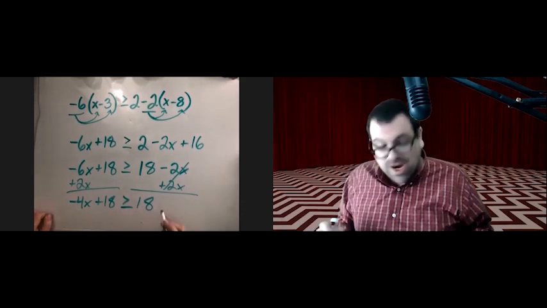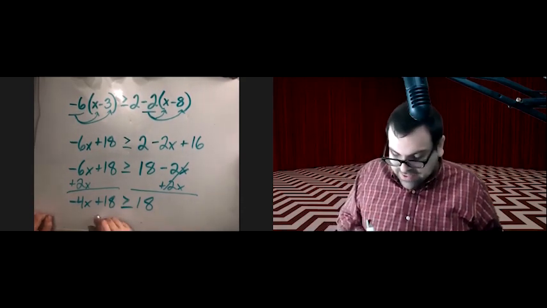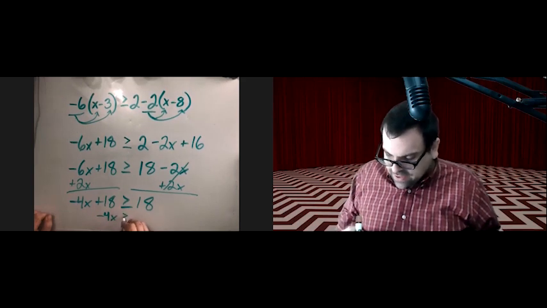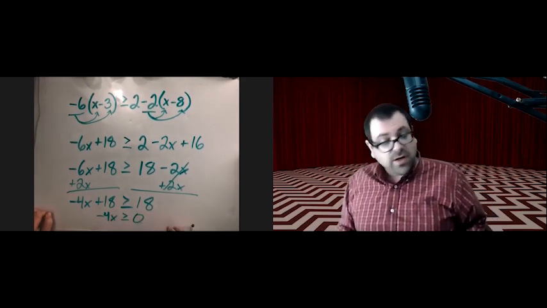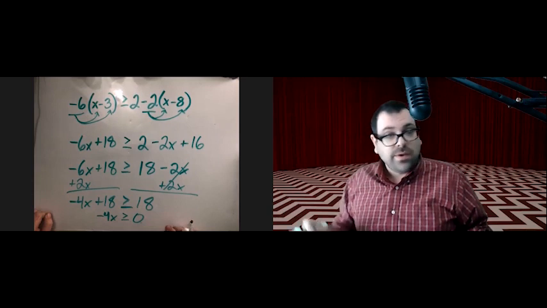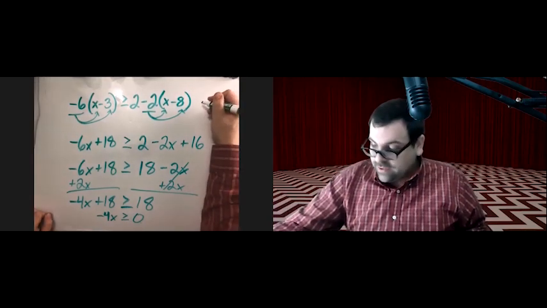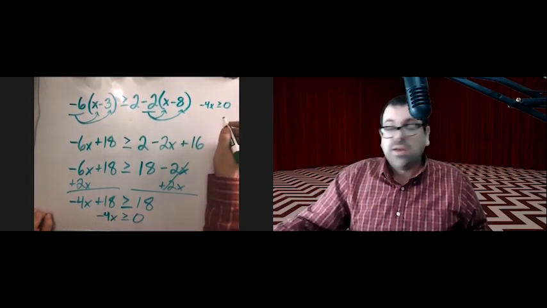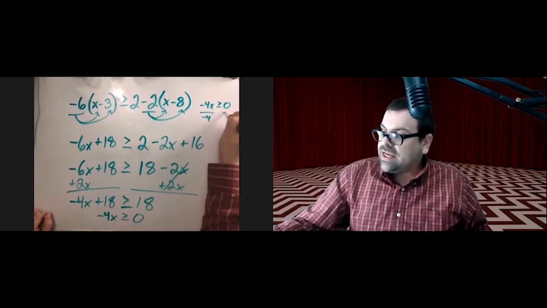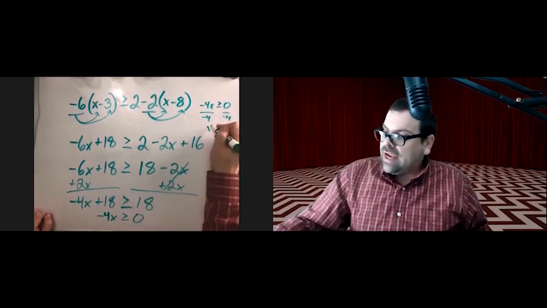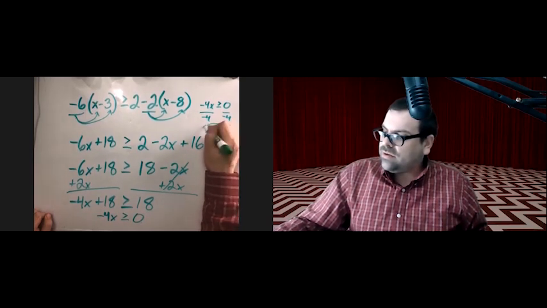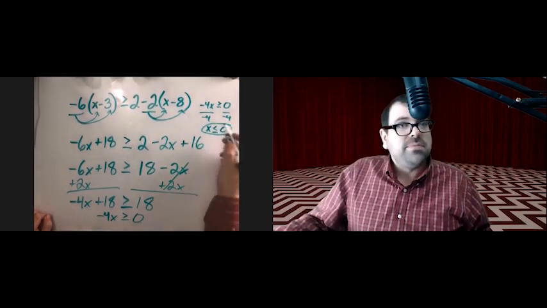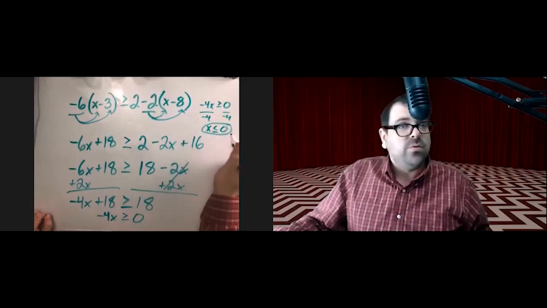If I subtract 18 from both sides, I get -4x is greater than or equal to 0. And let me write this over here. From -4x greater than or equal to 0, if I divide both sides by -4, I get x is less than or equal to 0. Got to flip that sign because we divided both sides by -4 in the process of solving.